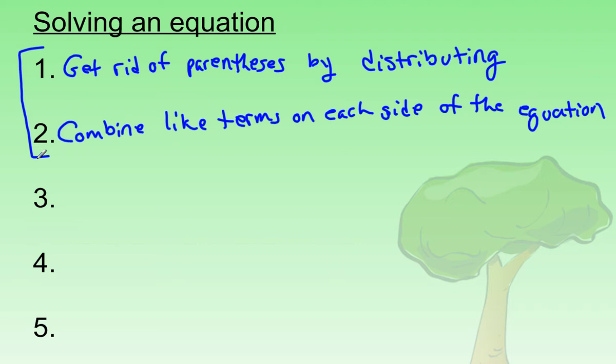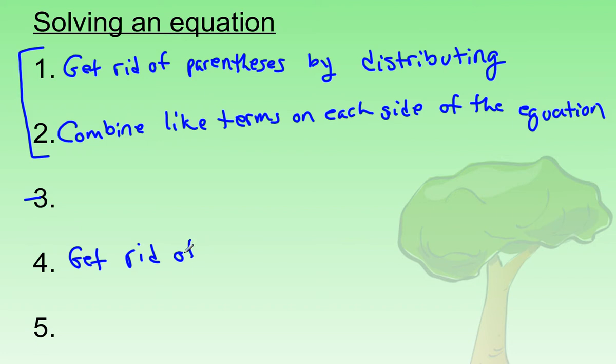For right now, we're going to skip step 3. Step 3 is what we're going to be learning about in the next lesson. So step 4. Step 4 is you're always going to get rid of the additions and subtractions, so things that are being added or subtracted to the variable. Also, these things are sometimes called just the other terms.